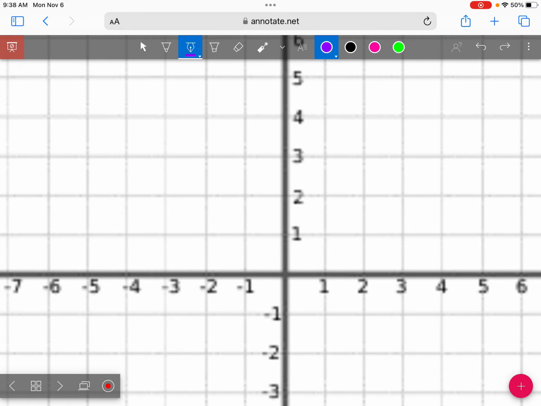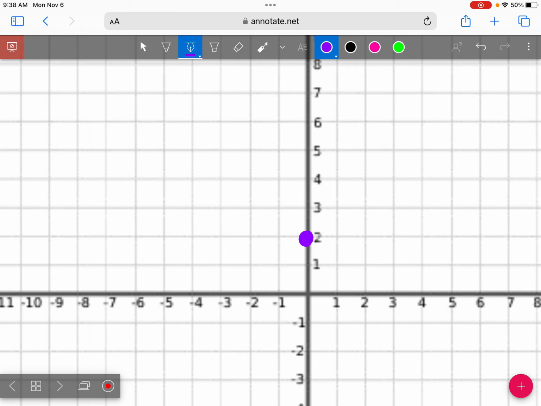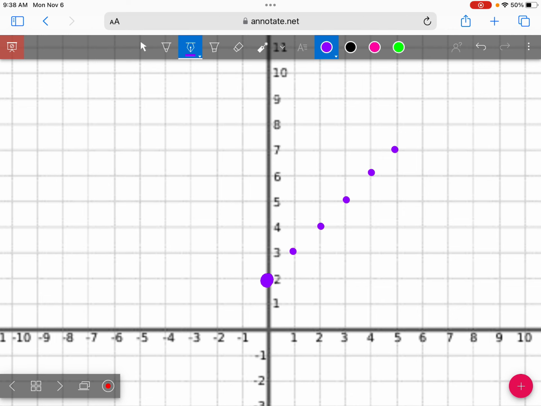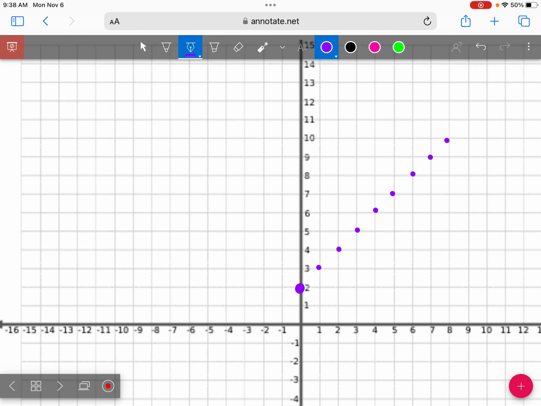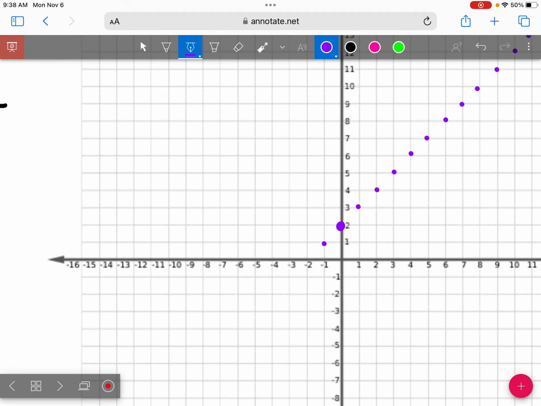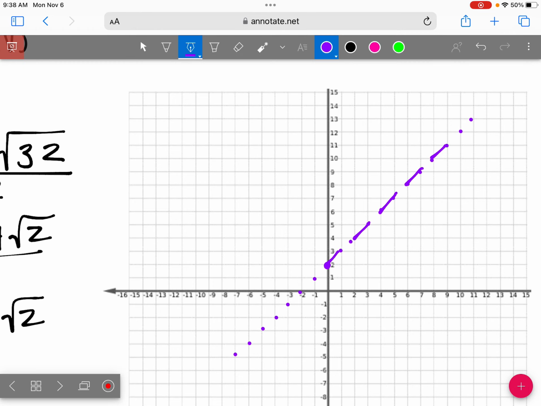Where do I start? 0, 2. My y-intercept of 2. Slope of 1, up 1 over 1. I highly recommend using a ruler. My screen gets super grumpy about rulers. That is our slant asymptote. So it should look something like this.